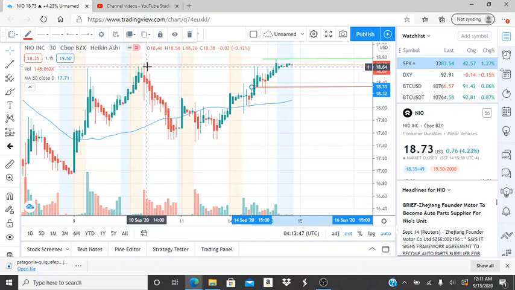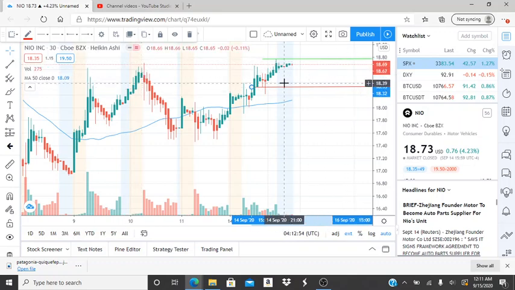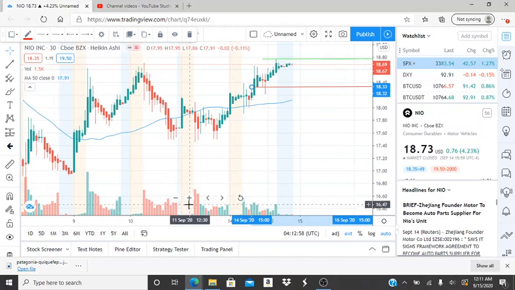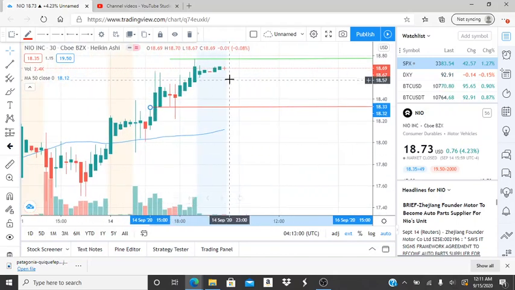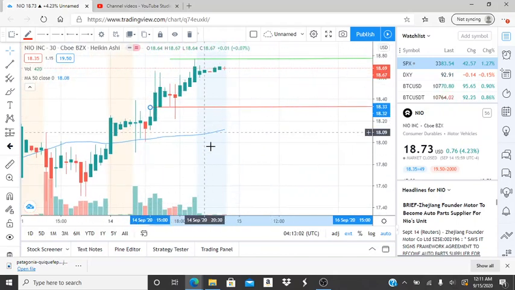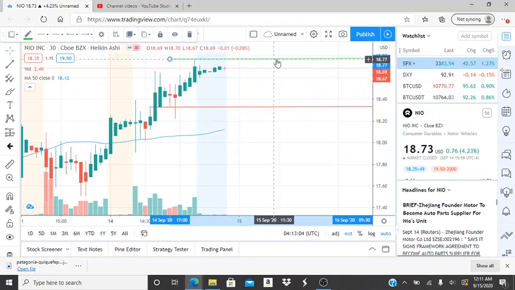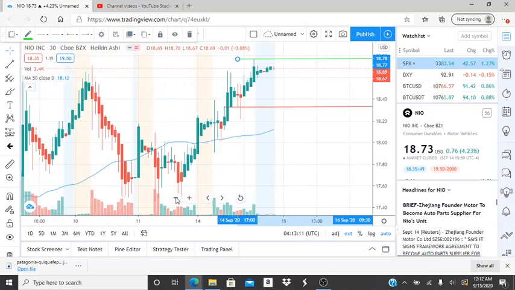Those two resistance levels have been broken through, and they finally created a support slightly above it at 18.69. Now the question is, will the bulls continue this momentum and pull themselves further away from the 50-day moving average? For them to do so, they need to break through 18.78, turn that into support, and start to work their way up to newer highs.